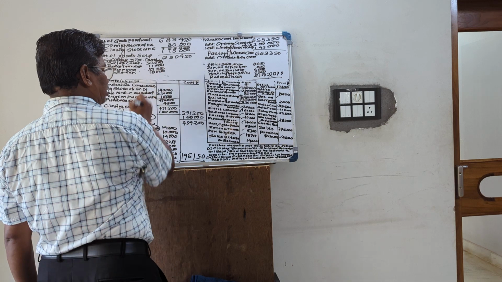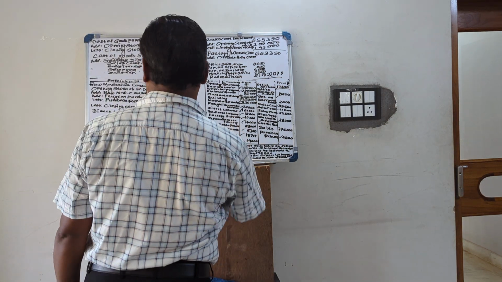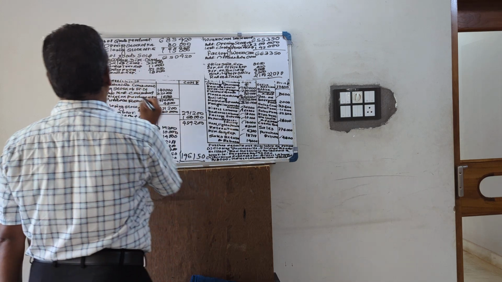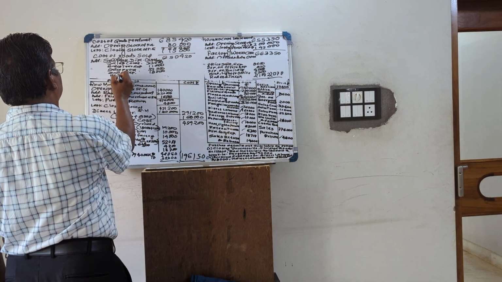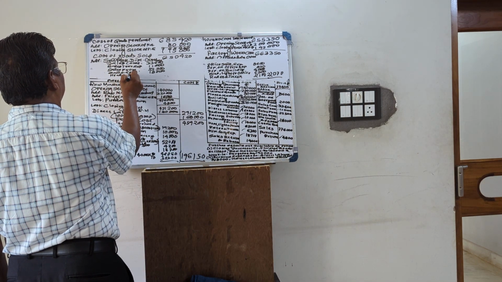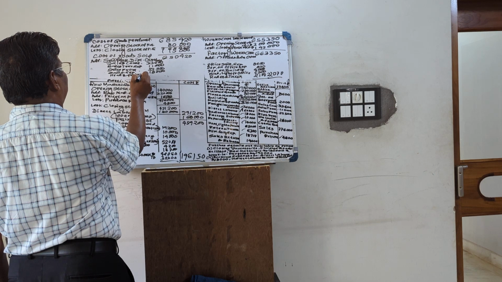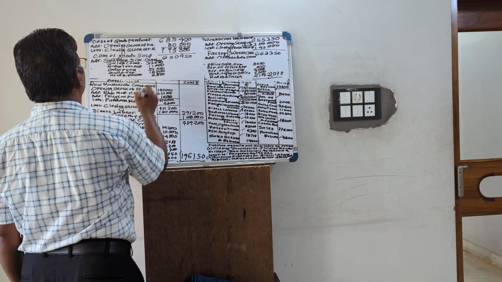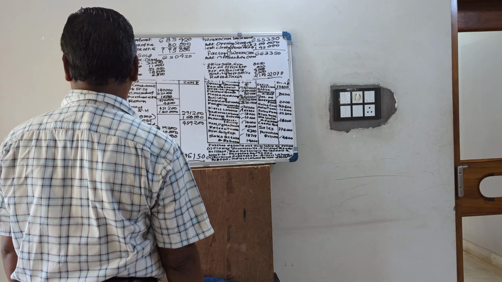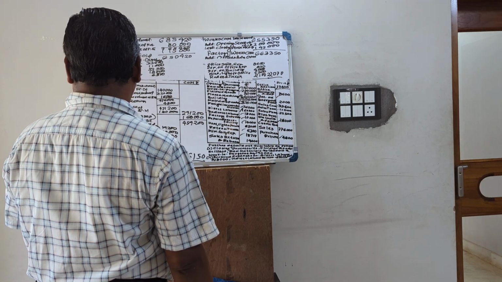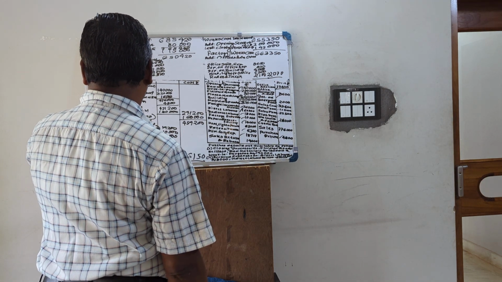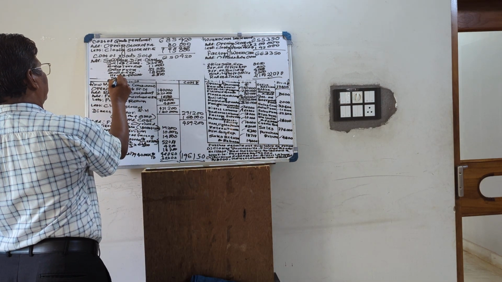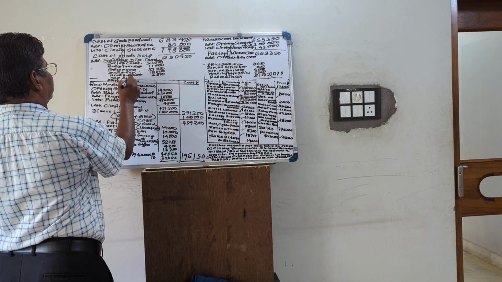Then another, heat, light and power, that is 1/10 of 65,000, that is 6,500. Then depreciation on building 4,000.